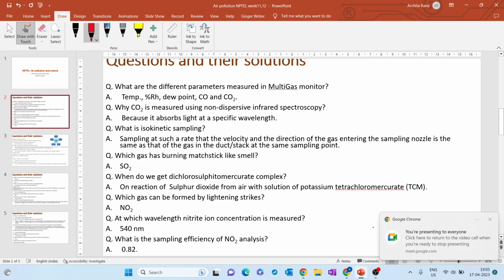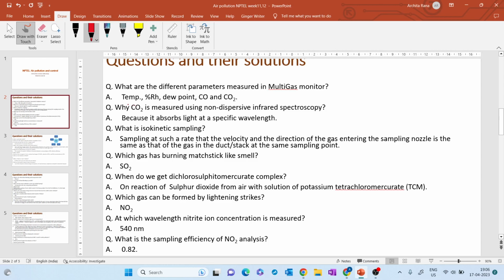Generally when you say multi-gas monitor, it means there will be measurement of multiple gases. But whenever you have measurement of any particulate matter, irrespective of whether it's a gas or a PM or VOC, there are a few things that we need to measure along with it.